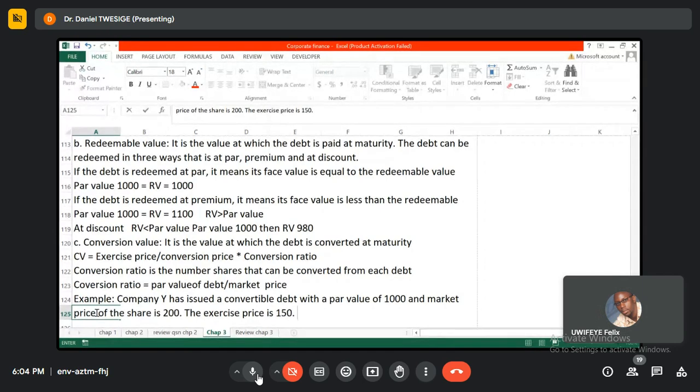Then required: compute the conversion value.